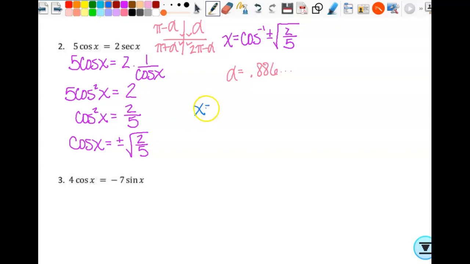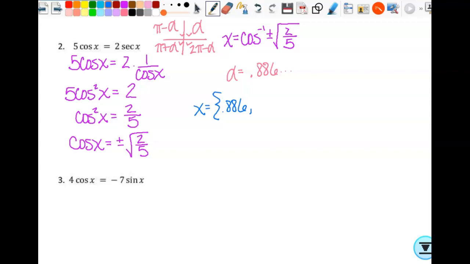So your x values, your first one is your 0.886. Then I'm going to do pi minus alpha. Actually, it will. Just do a square root, and then 2 divided by 5. It just equals. You don't even have to close anything.